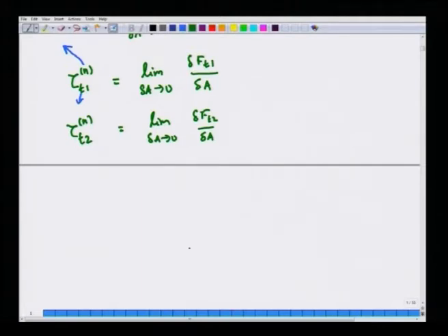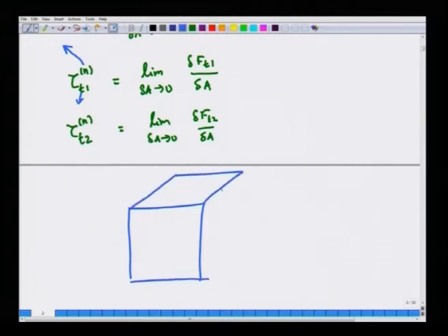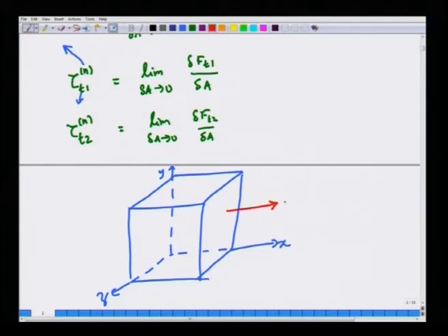But now we have considered a cube with 6 faces in our control volume, with axes x, y and z. So, each face will have 3 components. This face has the unit normal in the plus i direction.